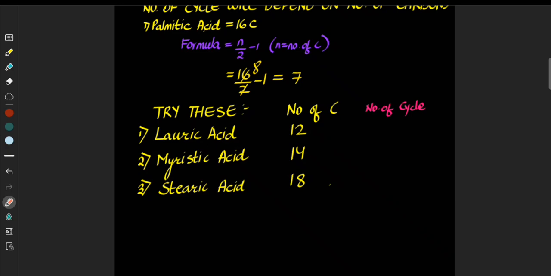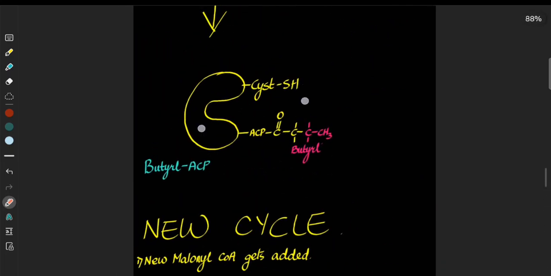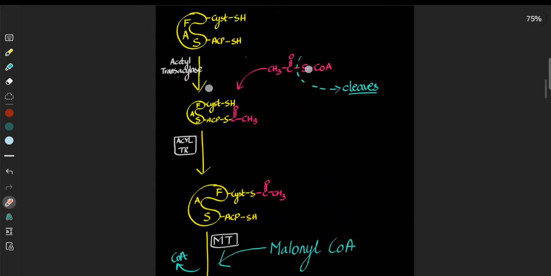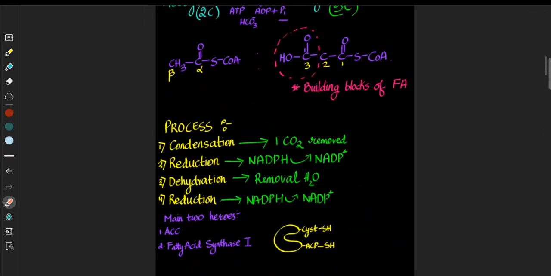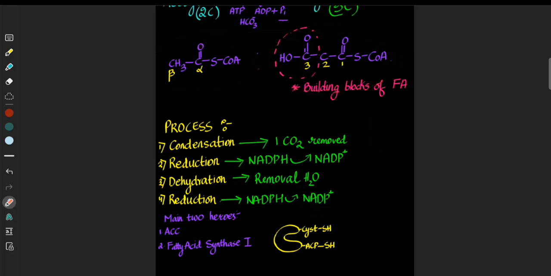So the most important thing that you have to remember is actually the condensation, reduction, dehydration, and reduction. And then you have to know the structure of malonyl and acetyl coenzyme A. That will help you to understand these topics.